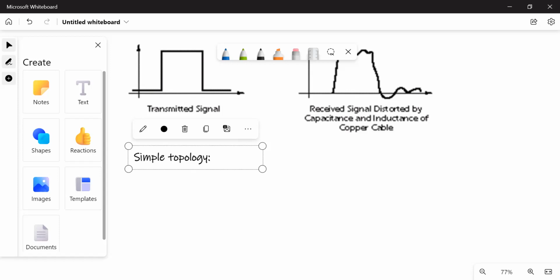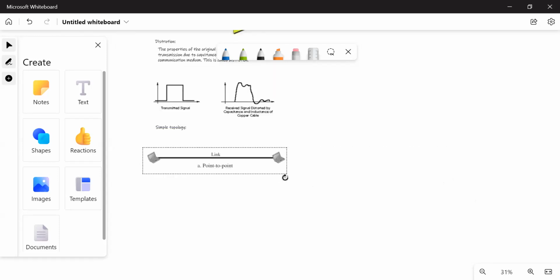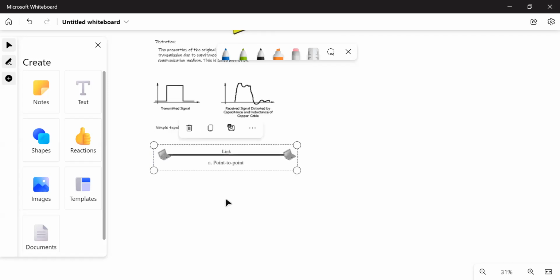So simple topology means connecting devices. Let's draw this one.